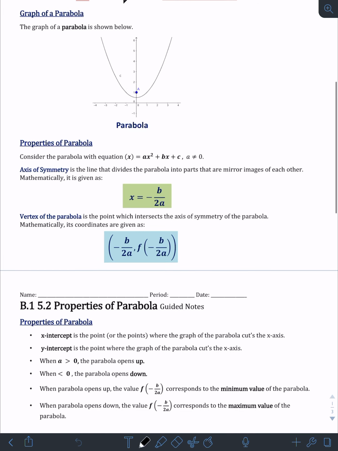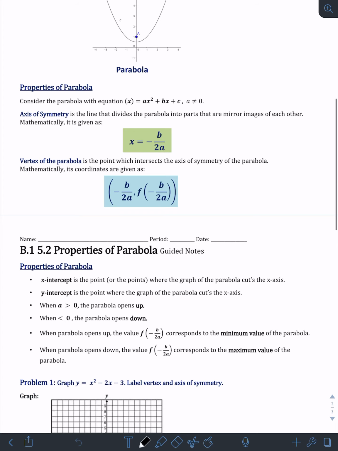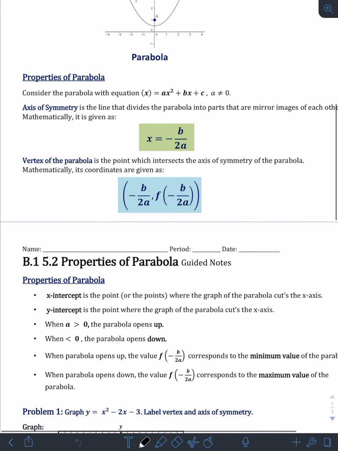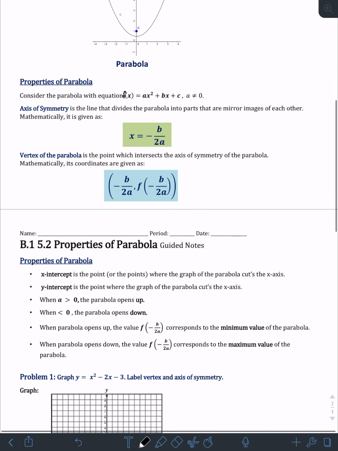So I'm not going to really explain a whole lot about that, but this stuff is new with the properties of a parabola. So when you have f of x equals ax squared plus bx plus c, you can find the axis of symmetry. It's the line that divides the parabola into parts that are mirror images of each other. You can find that as x equals negative b over 2a.